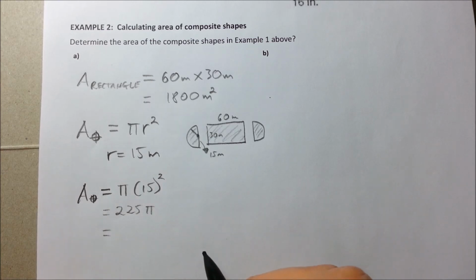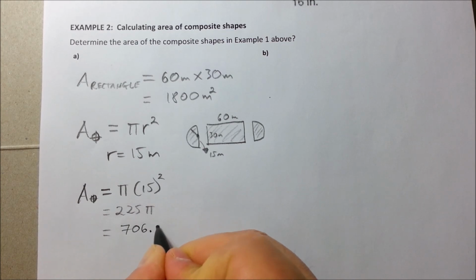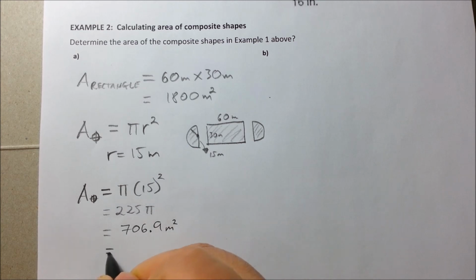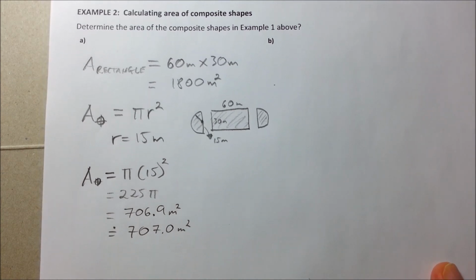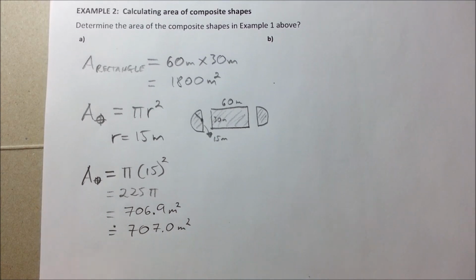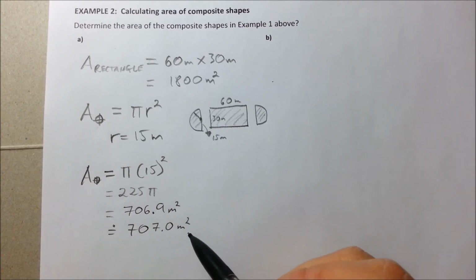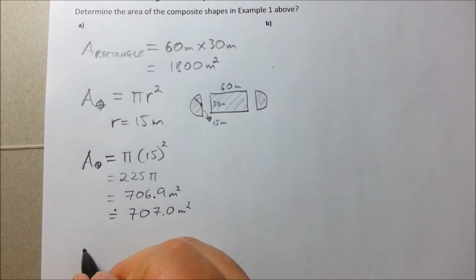You punch that in your calculator, and I'm getting 706.9 meters squared. So I'm just going to round it off to 707 meters squared. And now our last step would be to add the area of the rectangle and the area of the circle.